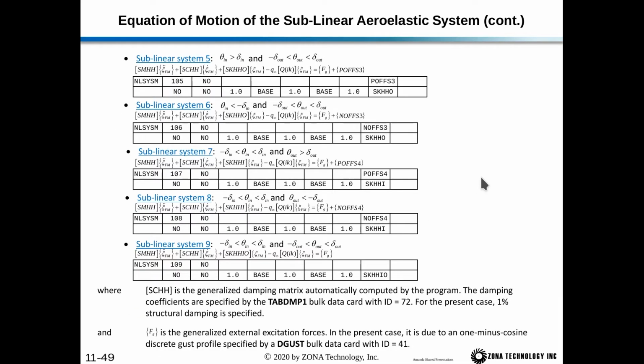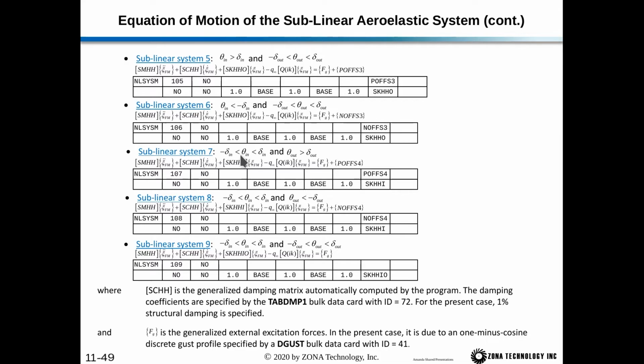Moving on to within the soft regions, if theta out is inside the soft region, then our stiffness matrix is modified to be SKHHO. And then this is when theta in is greater than delta in, we use the positive offset. When theta in is less than negative delta in, we use the negative offset.